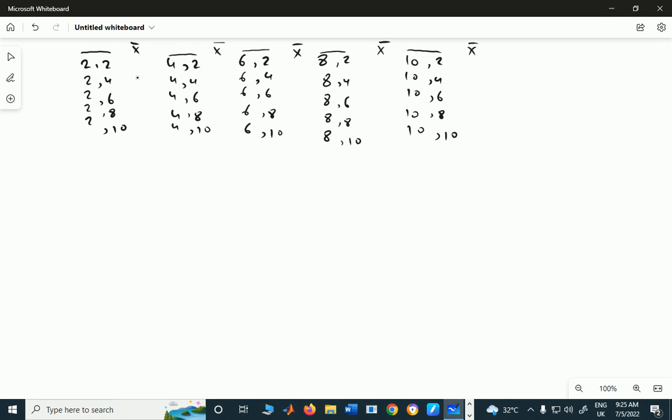For example, the average of these two is 2, the average of these two values is 3.